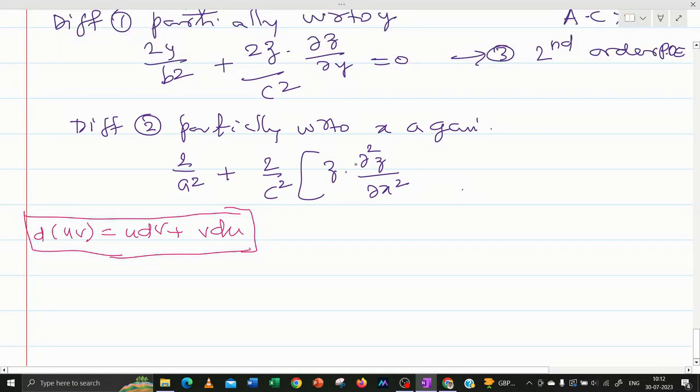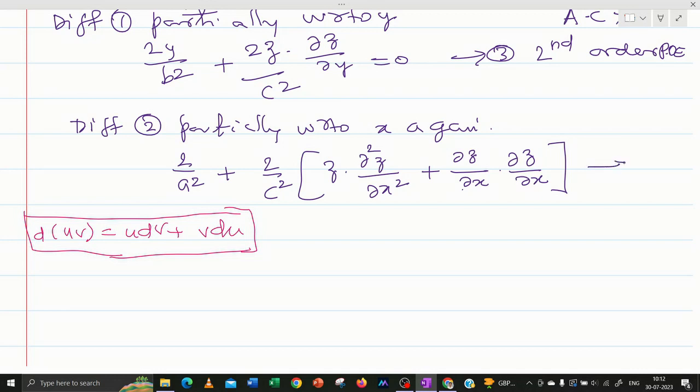You will get z into dou square z by dou x square plus, keeping dou z by dou x and differentiating z with respect to x, dou z by dou x, which is equation number 4. That is equal to 0.